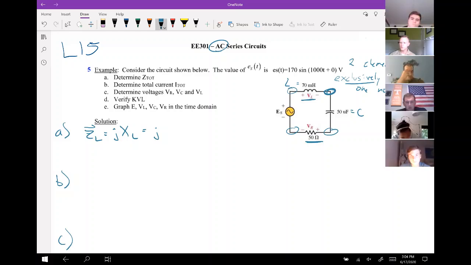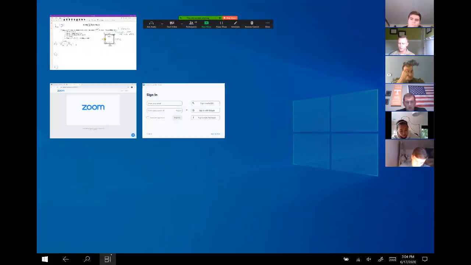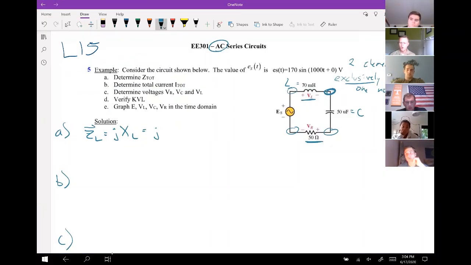If you go to the formula sheet, do I have it open? I don't have it open. But the jXL is omega L. So what it says on the equation sheet is that XL equals omega L. Notice that X, reactance, will be in ohms. It does not have a j component. Whenever I put it with the j component, then it becomes an impedance of Z. Okay, so I have j, my omega right here is that.